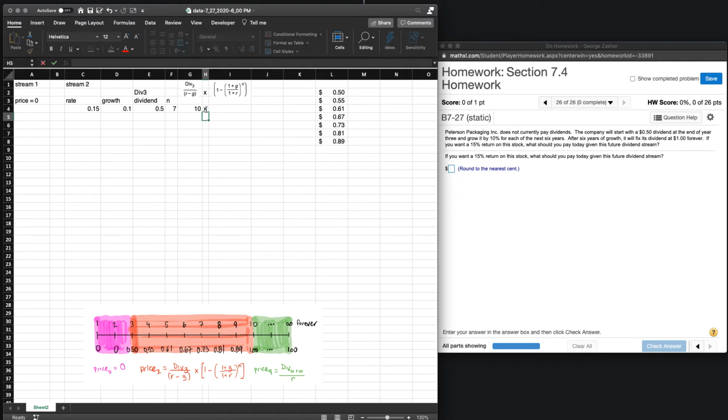So 1 minus 1 plus g, our growth rate, divided by 1 plus r, and that's going to be to the power of the number of periods.